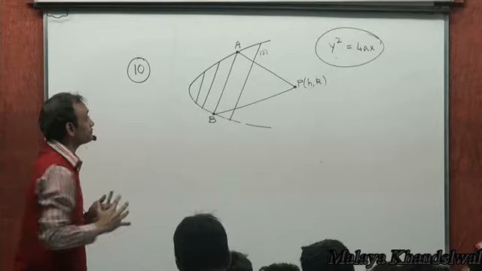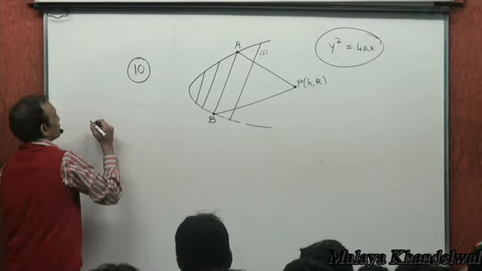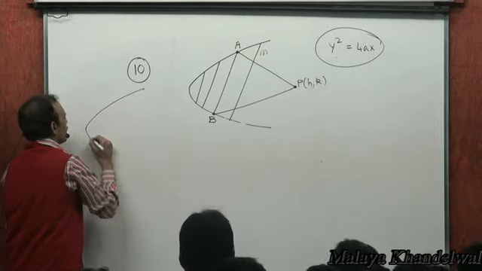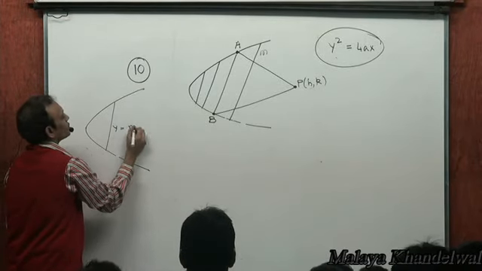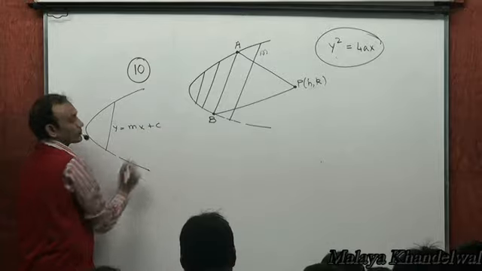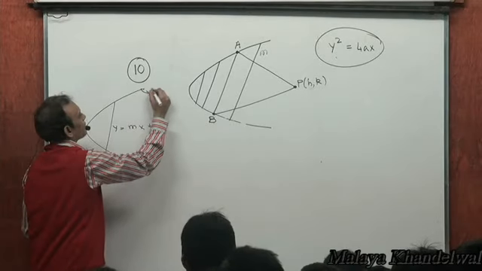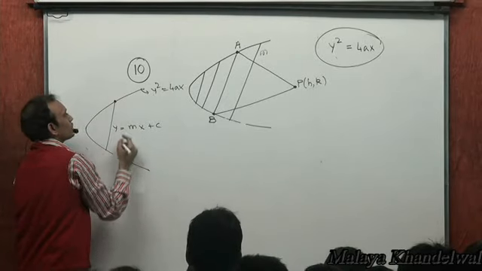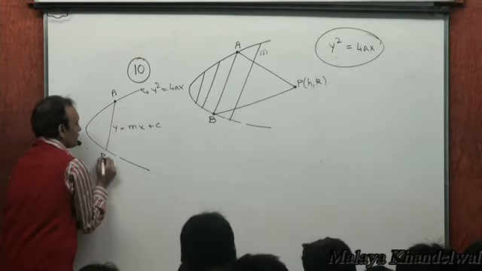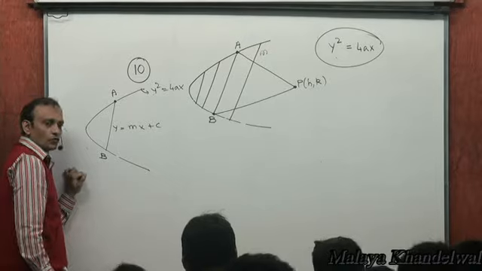Now, look, for any chord with slope m, let's say this is a chord y equal to mx plus c. This is the parabola y squared equal to 4ax. Now if I solve these two equations, I'll get the coordinates of A and B. Yes or no?